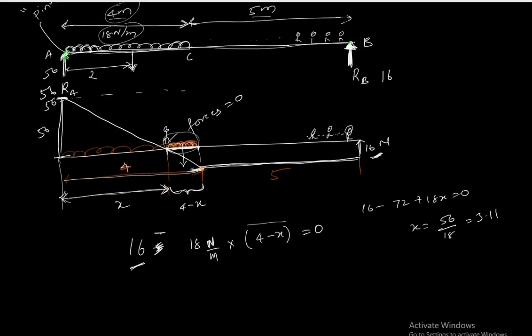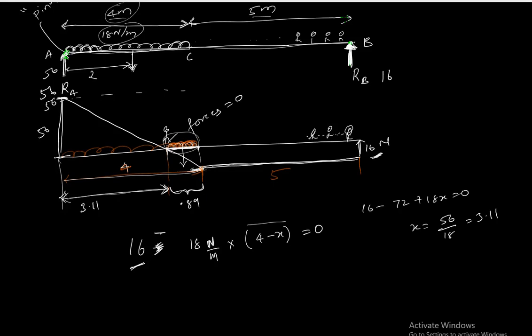So this x is equal to 3.11 meters. And so I'm going to erase this here and say this is 3.11, so this will be 0.89, because both of them should add up to 4.